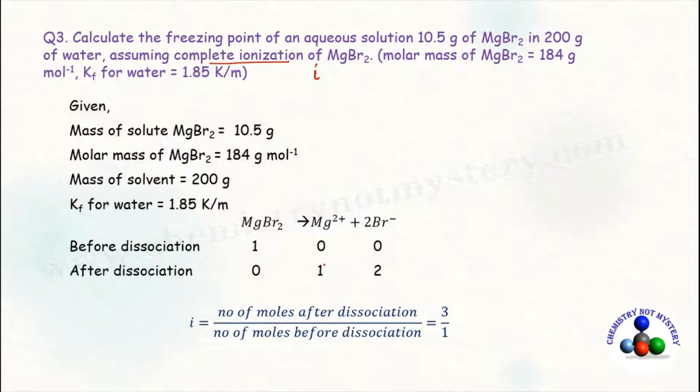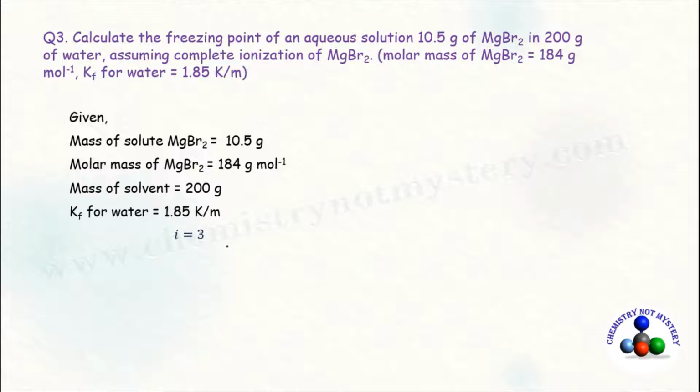After dissociation you get 1 plus 2, which is equal to 3, and before dissociation there was just 1 mole of MgBr2. So the I value will be equal to 3. If there is complete ionization, you can directly calculate the I value by just calculating the number of ions produced after dissociation. So we just calculated the I value, that is equal to 3.